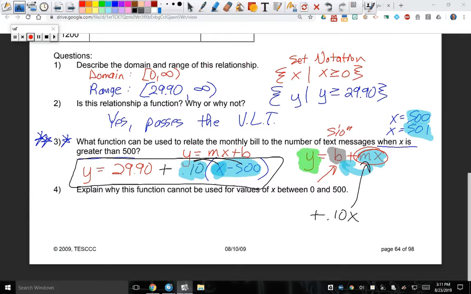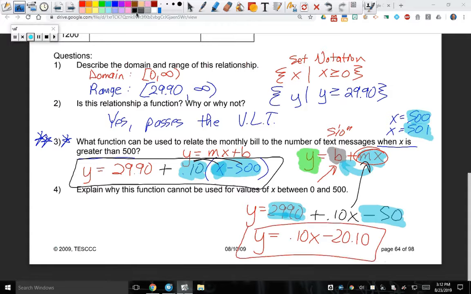And a positive 10 cents times a negative 500 is a negative 50. I still have 29.90. And if I combine like terms, this equation will become 0.10x minus 20.10.